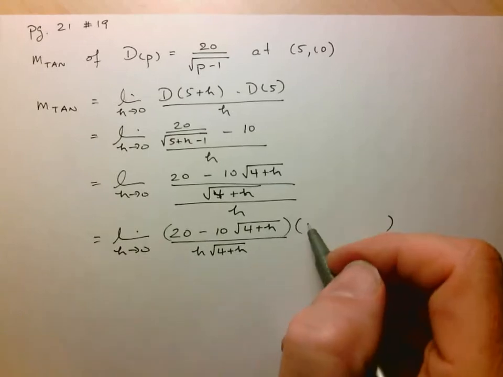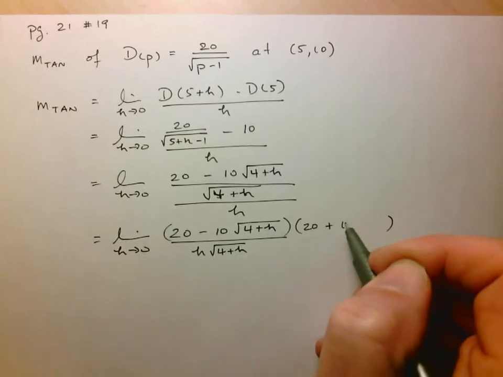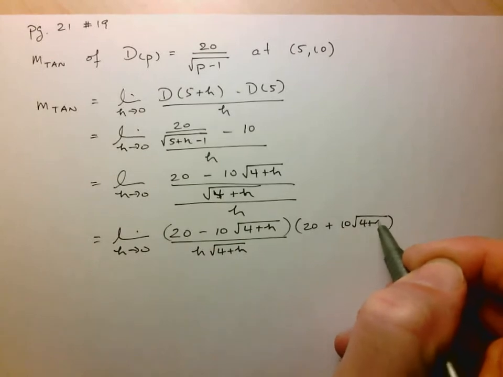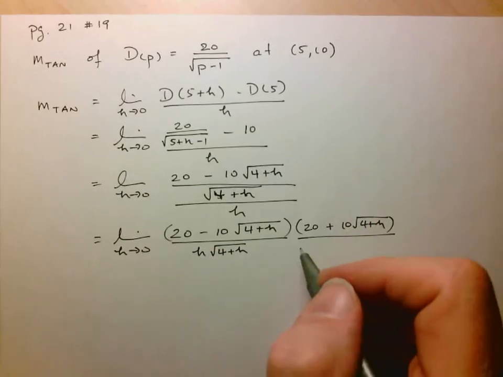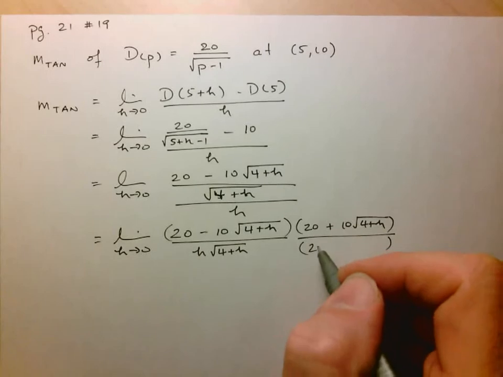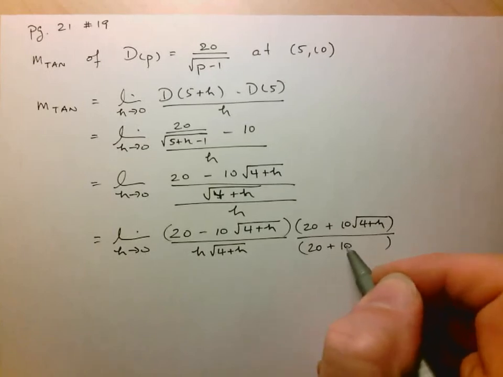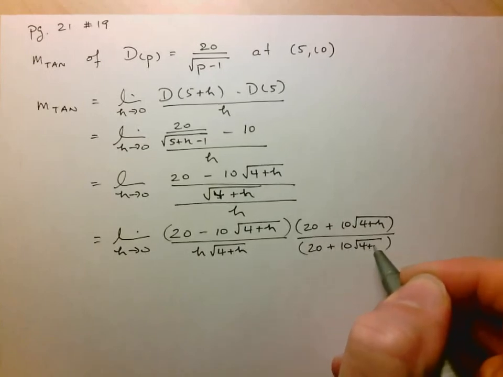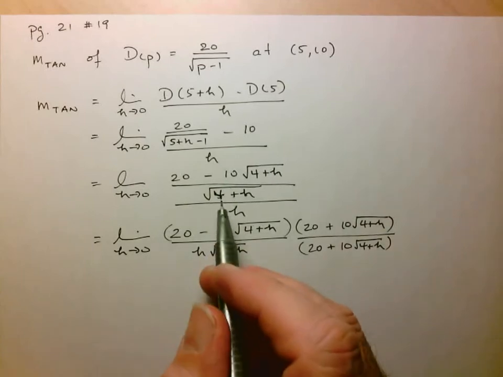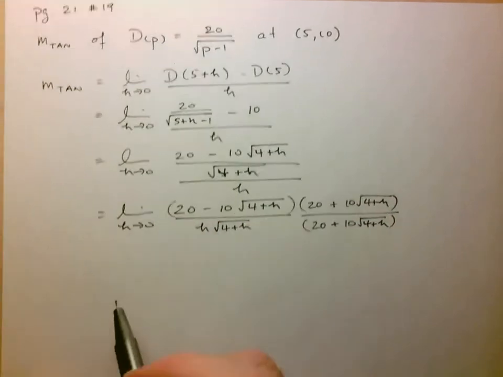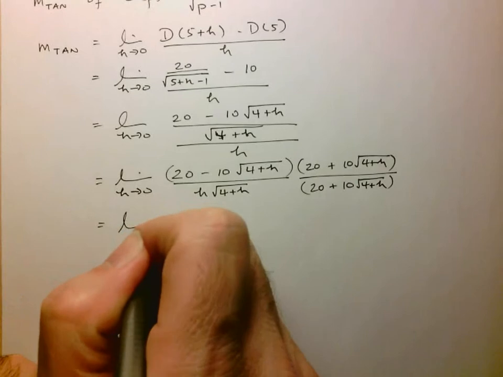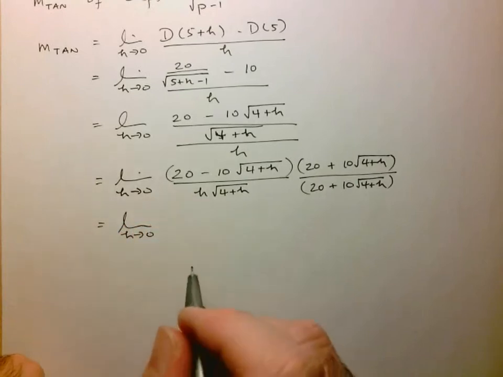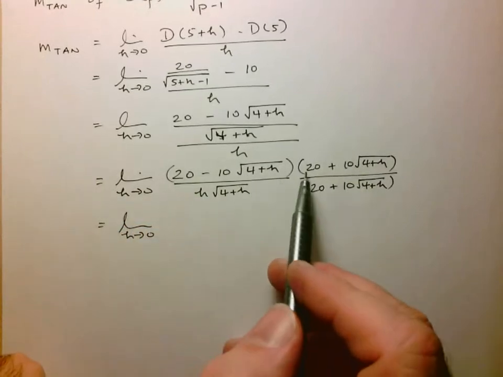So I'm going to multiply the numerator by 20 plus 10 times square root of 4 plus h, and of course I'm going to have to multiply the denominator by the same expression in order to keep these two lines the same. In the numerator that just creates my difference of squares, so the middle terms will cancel out.